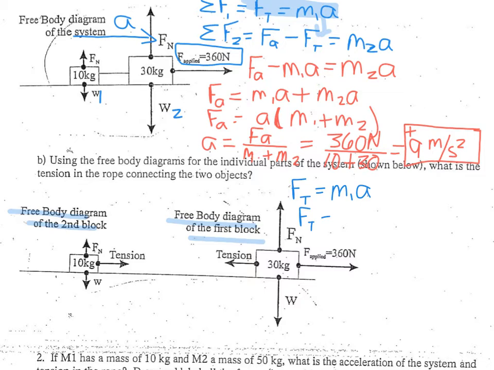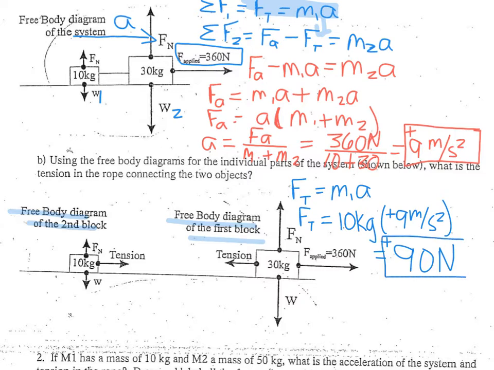So tension equals mass of object 1, 10 kilograms, acceleration, 9 meters per second squared, tension force, 90 newtons, positive, going to the right.